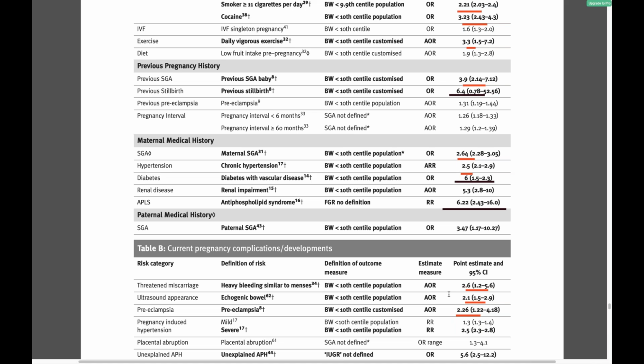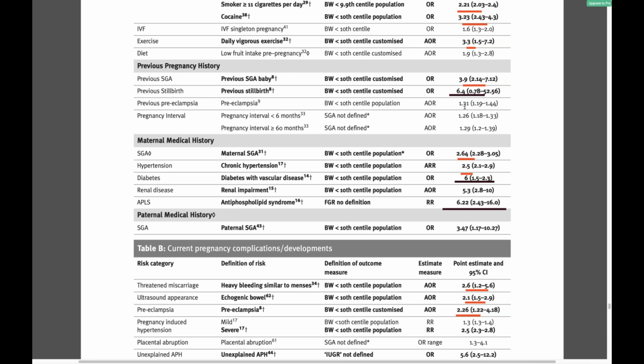So this OR thing will help you in answering that question. You can't remember the whole table, that is not possible for anyone, but when the OR is 6, those three or four things you can remember.